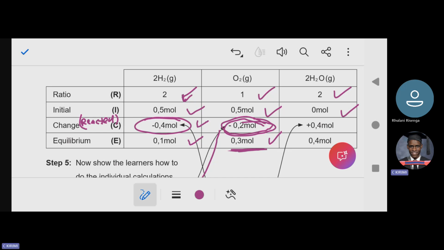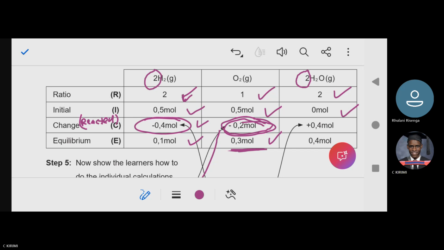So the number of moles which are reacting: if here 2 moles react, here I'm also getting 2 moles. Similarly, if here the ones which are reacting are 0.4 moles, I'm also having 0.4 moles. The plus is just a matter of indicating that these are products, while the negative only shows that the reactants are being used up. Products are formed. Then you have your 0.4.